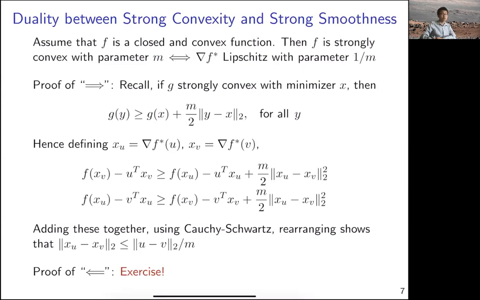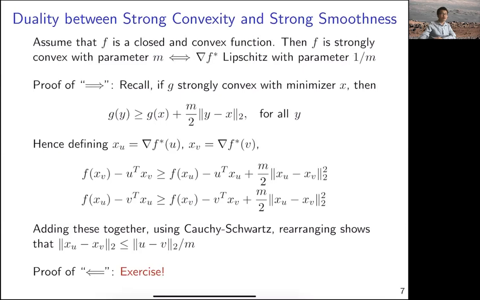Now consider that f star star gives you back f, right? So suppose f star is strongly convex, the dual is strongly convex, and the primal is strongly smooth, or gradient Lipschitz. So this essentially says that strong convexity and smoothness are almost equivalent to each other.